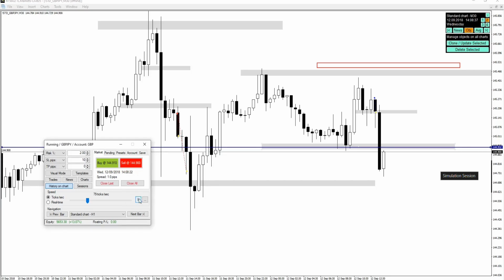So let's see how this plays out. For that break and retest to happen, we would want to see a candle closing bearish. We can't take a sell now because the candle is still open. So I'm just waiting here.